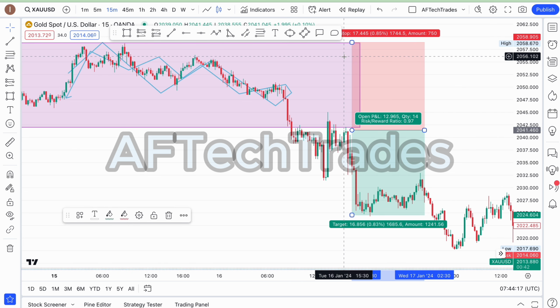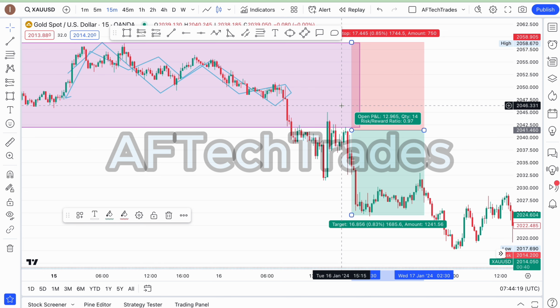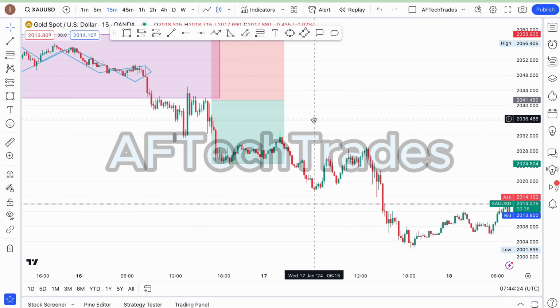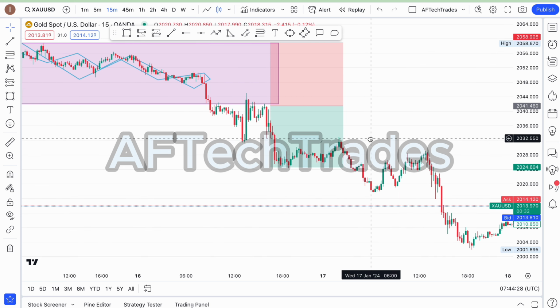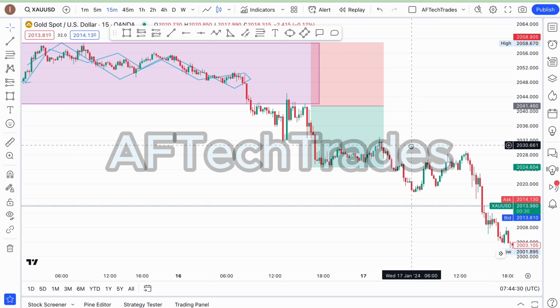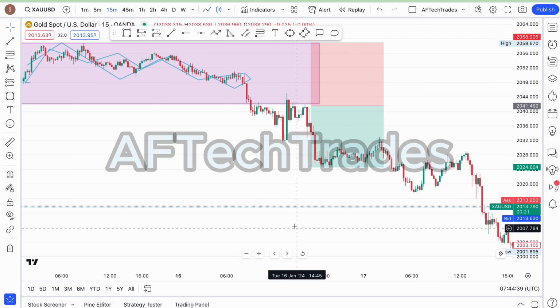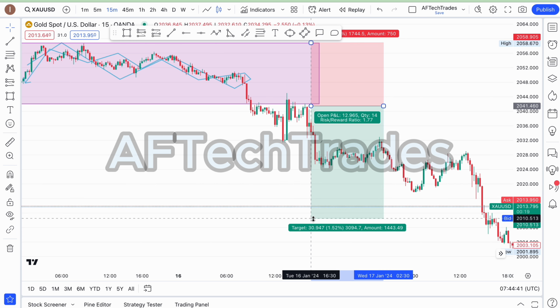What would be your take profit? Your take profit should always be double your stop loss. That is when you know you make profit out of that market. So if your stop loss is 17 pips, then your take profit should be around 34 pips, right?